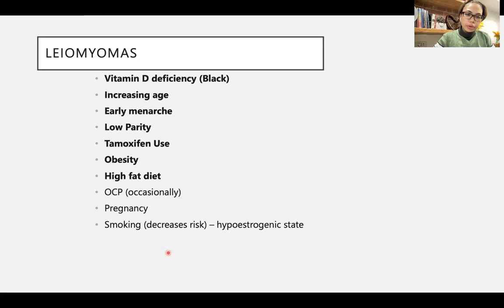However, it's clearly indicated that smoking in a low BMI woman decreases the risk of leiomyoma. Why? Because smoking decreases estrogen, so a woman experiences a hypoestrogenic state, and therefore it decreases the risk. However, you have to weigh the benefits and the risks of smoking.